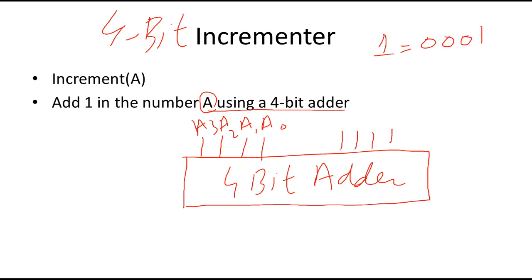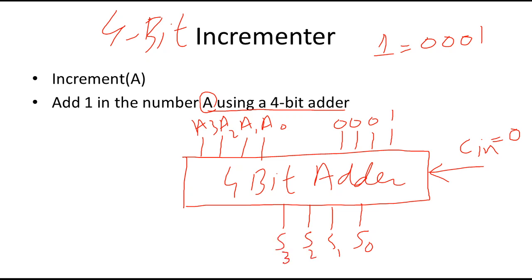So for B, we just input 0001, and at the start Cin for our 4-bit binary adder is equal to 0, and it outputs 4 bits, let's say S0, S1, S2 and S3, and the final carry out. So this is a simple circuit diagram. We can use a 4-bit binary adder to implement an incrementer.